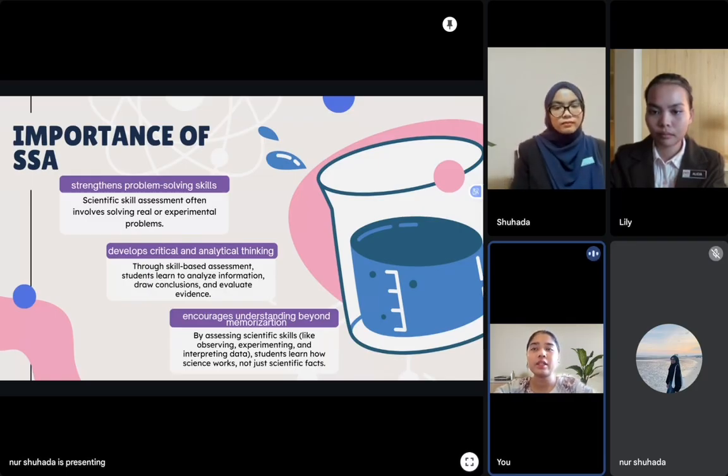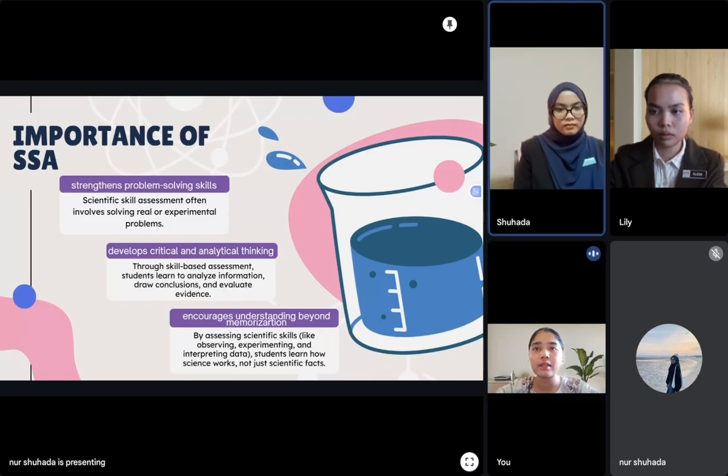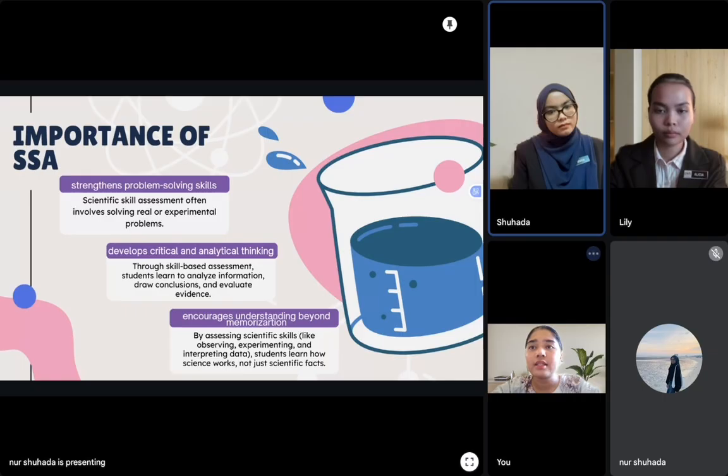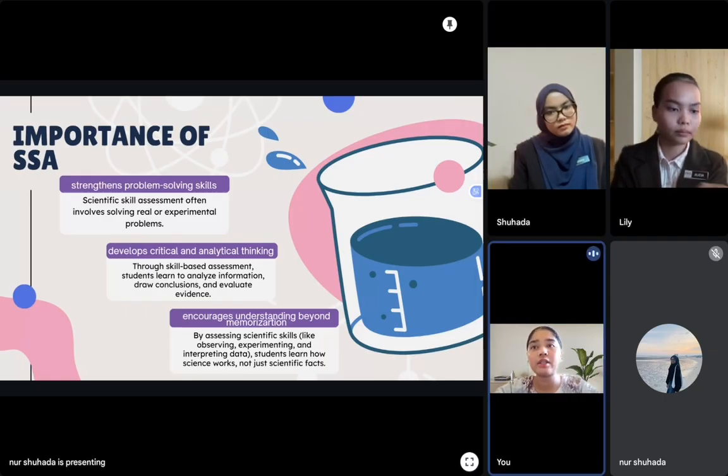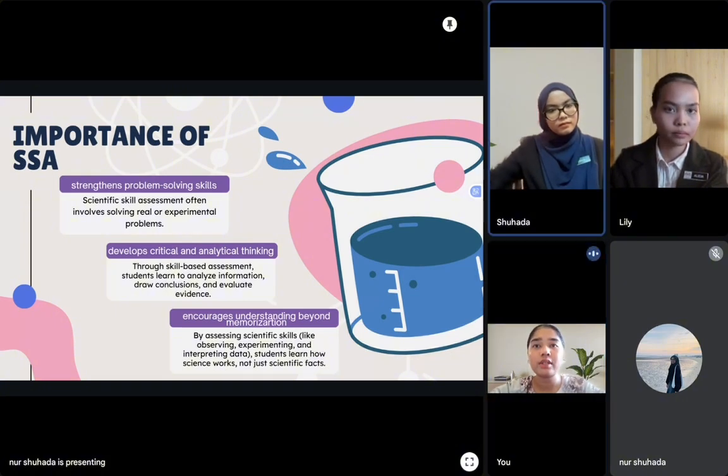For example, during an experiment to determine which material is the best insulator, students must form hypotheses, design tests, and interpret results. These problem-solving skills are transferable and valuable beyond the classroom. For instance, using data to decide how to conserve energy at home or how to grow healthier plants in different environments.